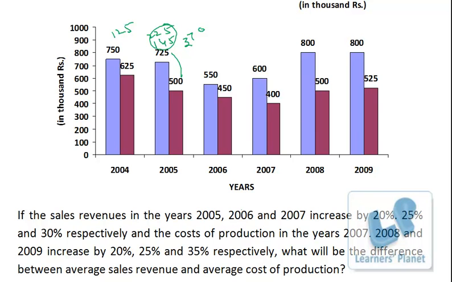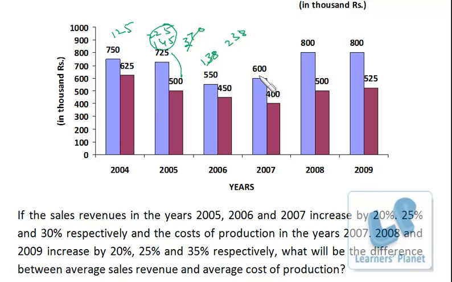Then in year 2006 it is increased by 25%, so 25% is 1/4 of this. I assume this to be 552, so the difference is 100 and then 138, it is 238. Then in year 2007 sales is increased by 30% and cost is increased by 20%.